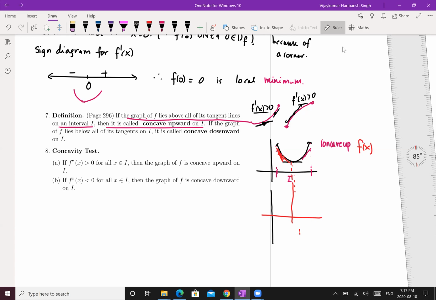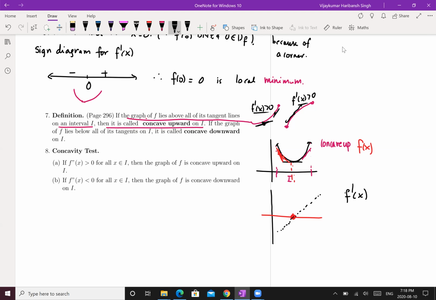After that, the slope is positive and starts increasing. So this is roughly how the graph of f prime x may look. That means f prime x is an increasing function.